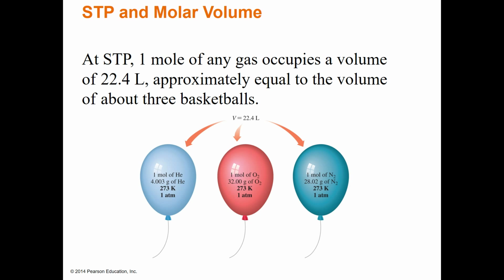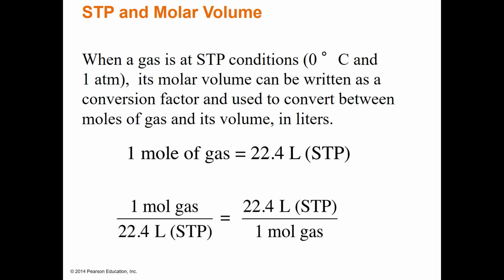When a gas is at STP conditions, 0 degrees Celsius and 1 atm, its molar volume can be written as a conversion factor and used to convert between moles of gas and its volume in liters. Based on what you see on this page, 1 mole of any gas at STP is going to occupy 22.4 liters, and you can write that as a conversion factor.